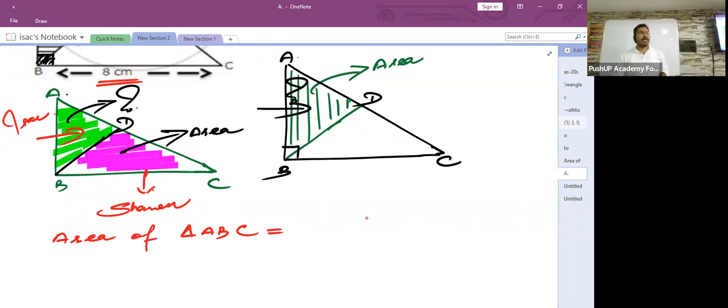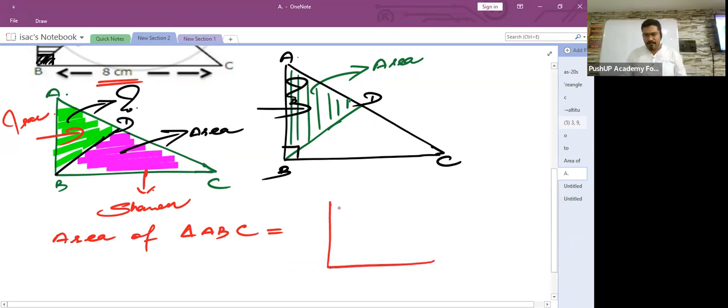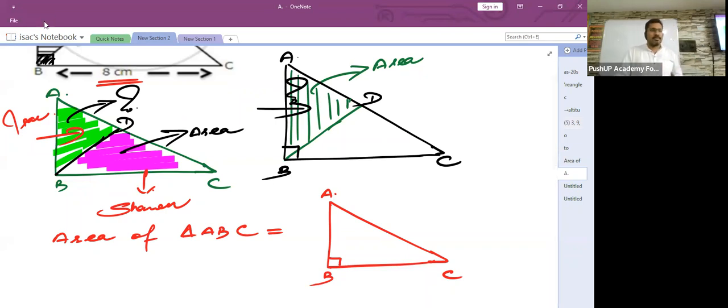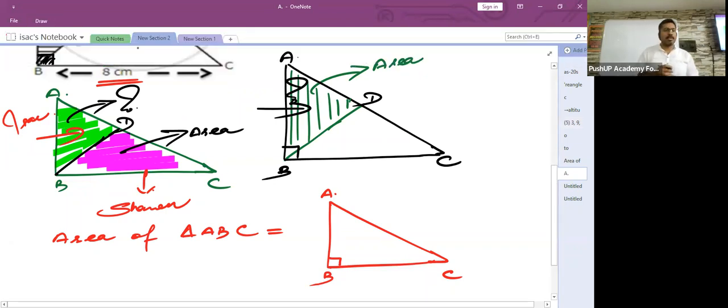How to find the area of triangle ABC? I will draw the triangle ABC for your reference once again. I expect you also to draw it. I always tell you, children, when you're sitting for revision, these small figures which I make you draw will help you a lot to get the concepts properly.